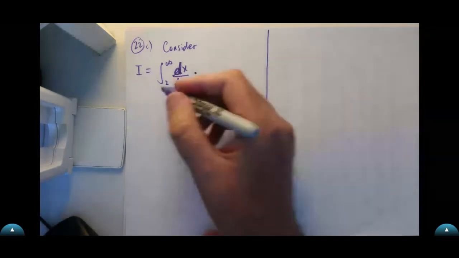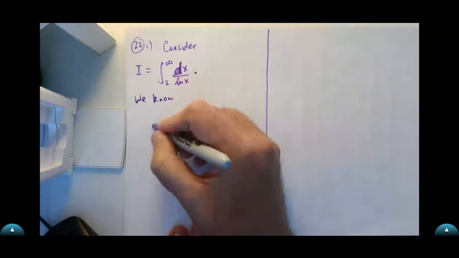Okay, so let me just share my document camera with you. All right, so the integral of 1 on log x. The question is, they're asking us to use a comparison test. What do we know?